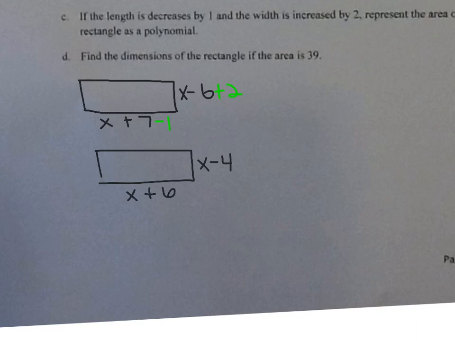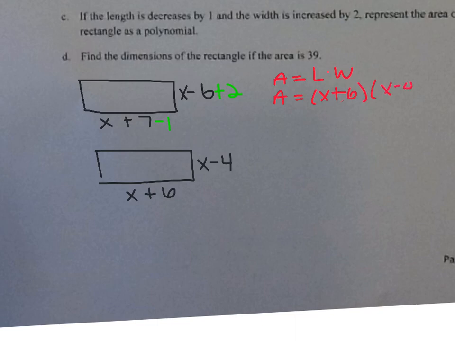It says, represent the area as a polynomial. So remember, area is length times width. So my area is x plus 6 times x minus 4.